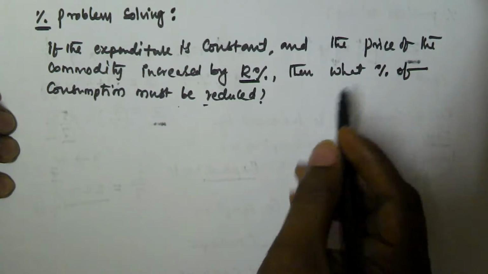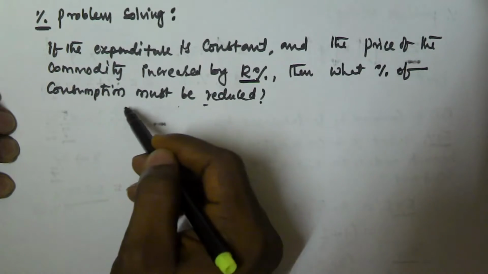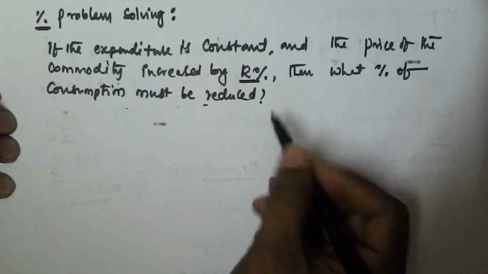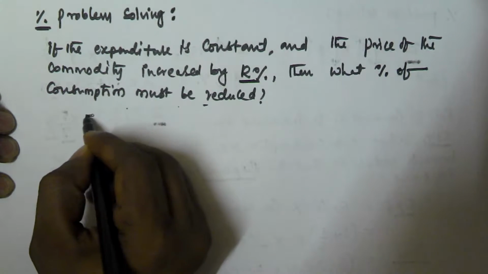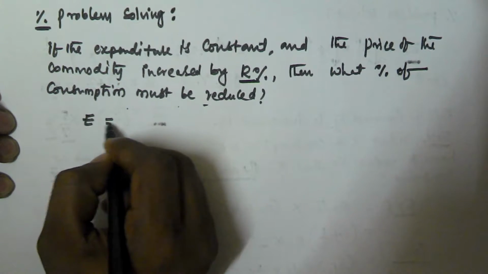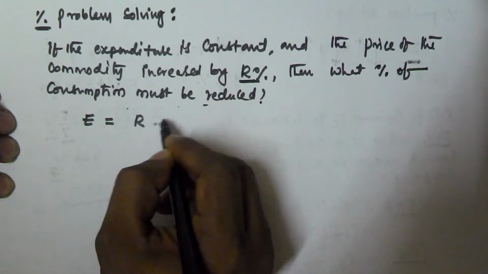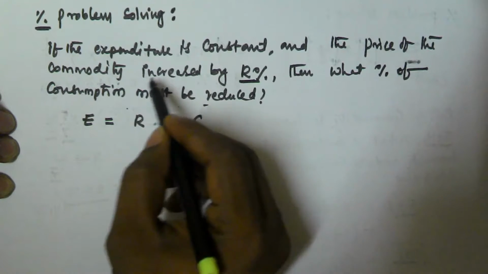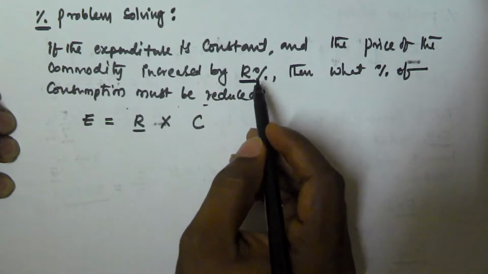So to find the reduced percentage of consumption, according to the formula, expenditure is equal to rate into consumption. But according to the given problem, the rate is increased by r percentage.